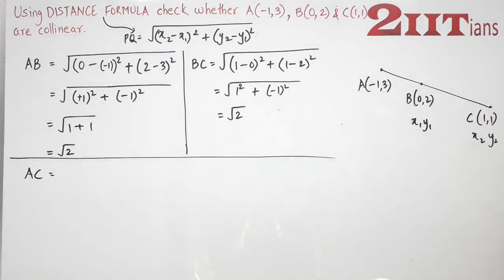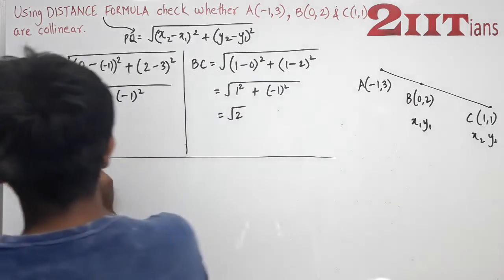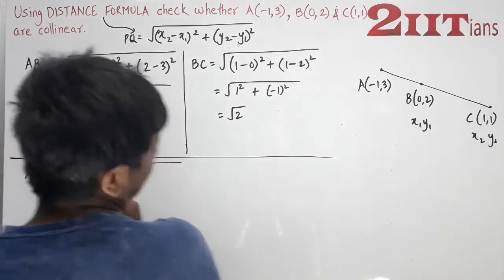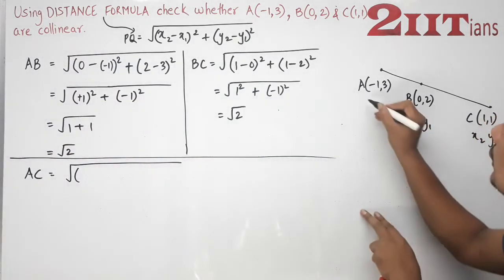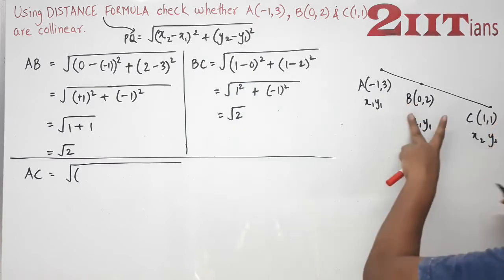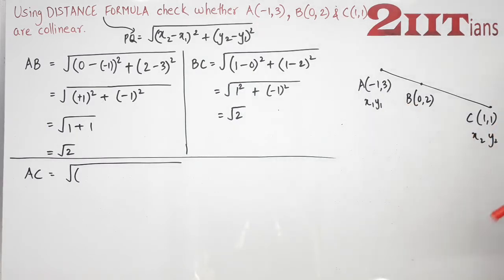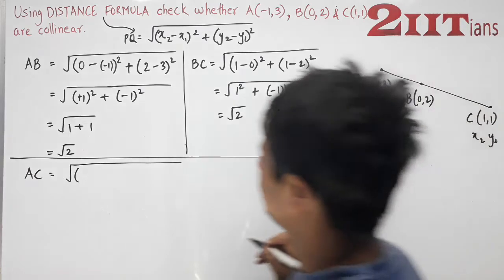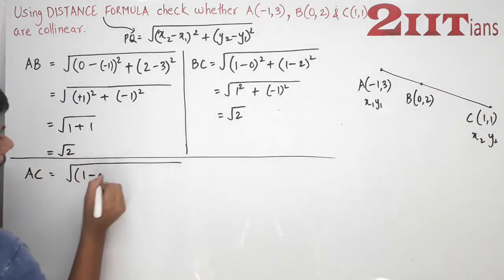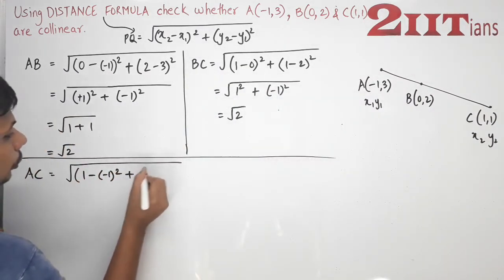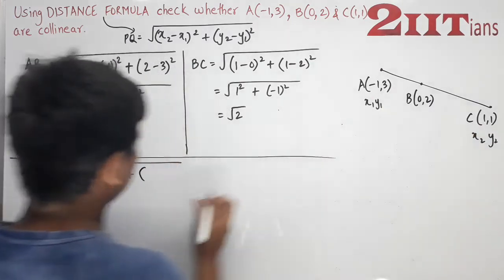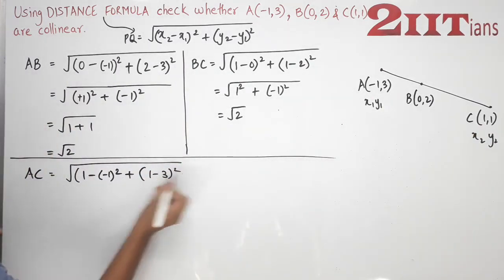Okay, so AC is, again I will write x1 y1 here. So x2 minus x1, this will become 1 minus minus 1 whole square plus 1 minus 3 whole square.